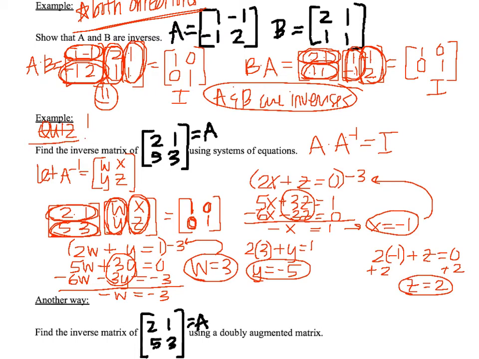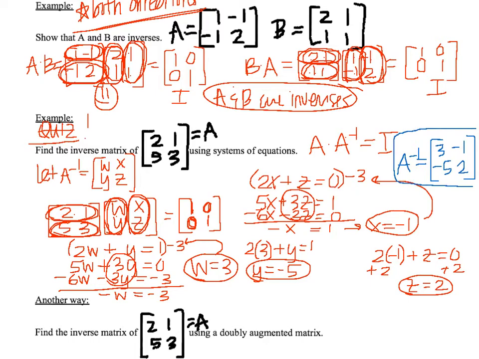And what I have found then are all 4 values to go in my inverse. So my inverse then, and I'm just going to change colors so you can see this, my inverse is W, which is 3, X, which is -1, Y is -5, and Z is 2.